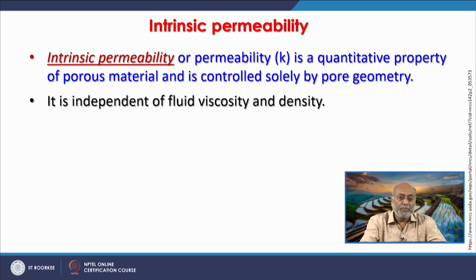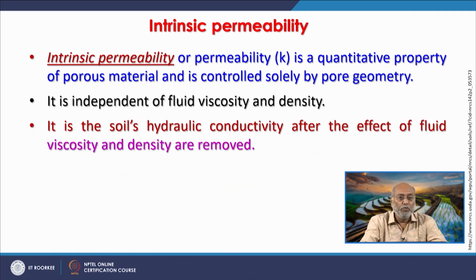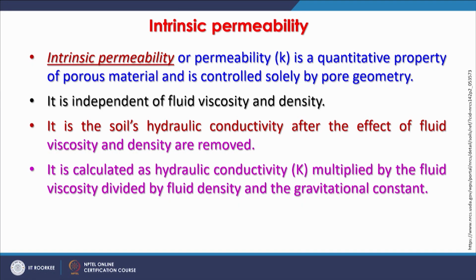The intrinsic permeability parameter can be used when it is not influenced by temperature, viscosity and density. It is the soil's hydraulic conductivity after the effects of fluid viscosity and density are removed, and then it becomes intrinsic permeability. Roughly, you can say inherent permeability, as we also say primary porosity.